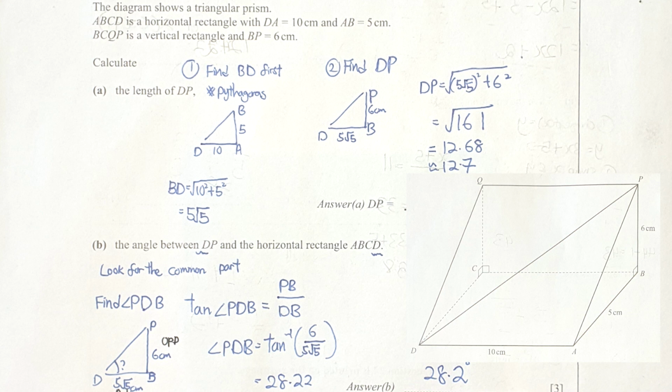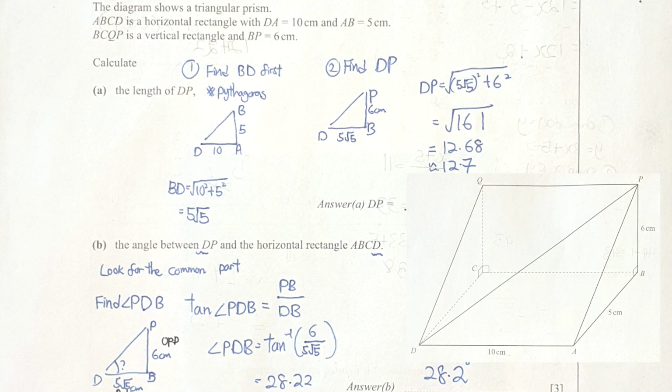As for part B, the angle between DP and the horizontal rectangle ABCD. To do that, since we already have the values of DB and DP, for the angle PDB, the 6 cm is its opposite, and the 5 square root 5 cm is its adjacent.